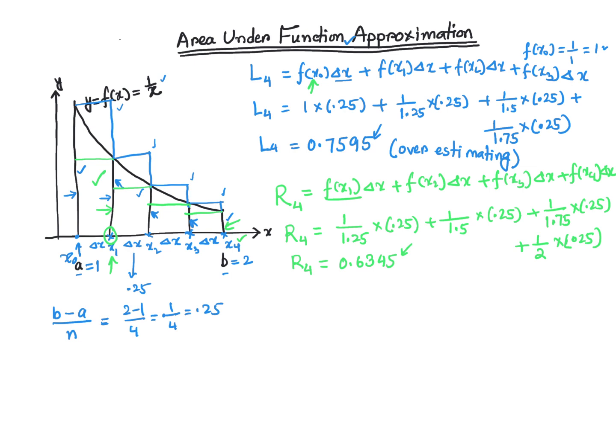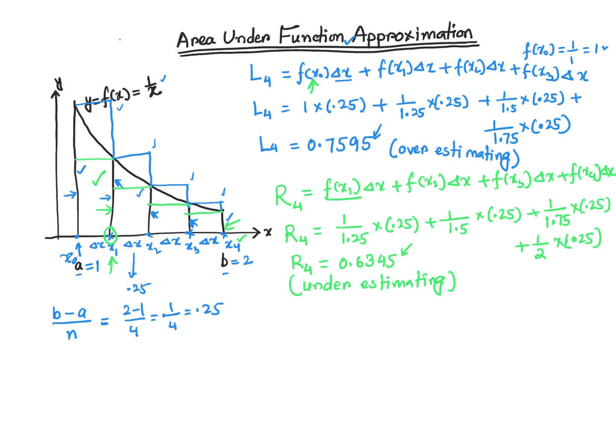So that's how you find the left sum and right sum. But look, for the right sum, if you look at the green rectangles, you are actually underestimating the area under the 1 over x curve.